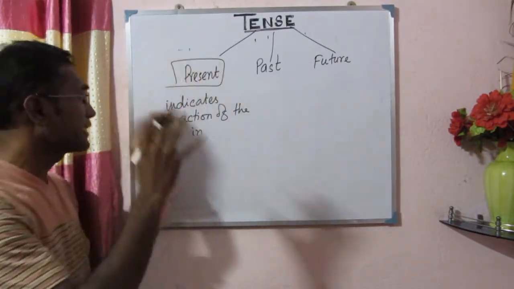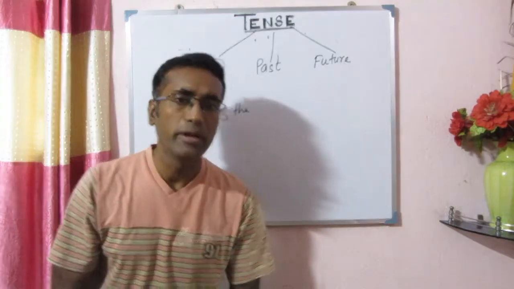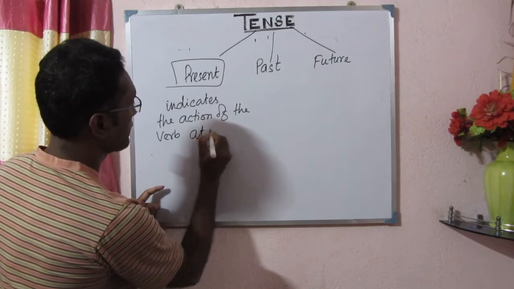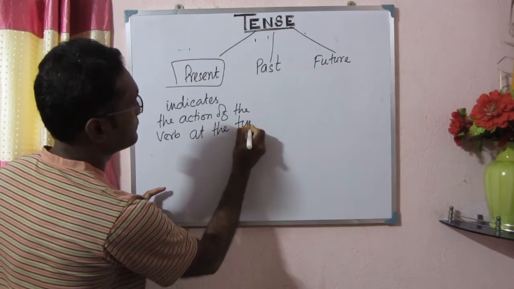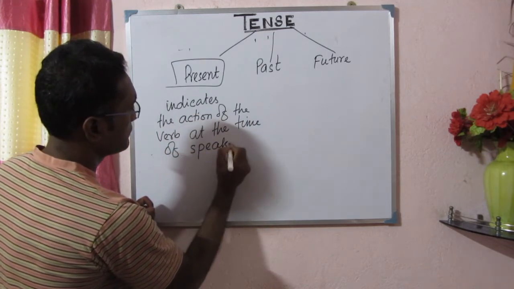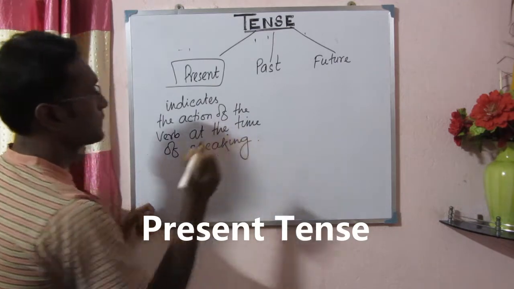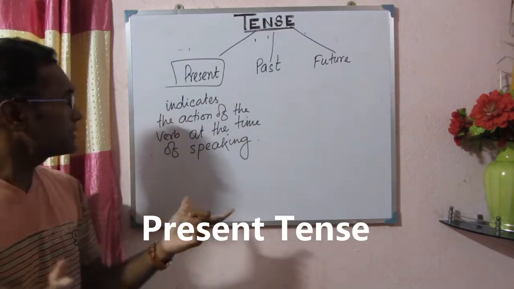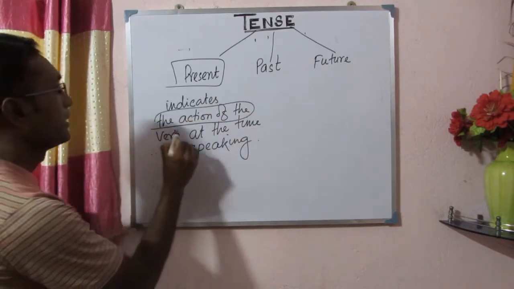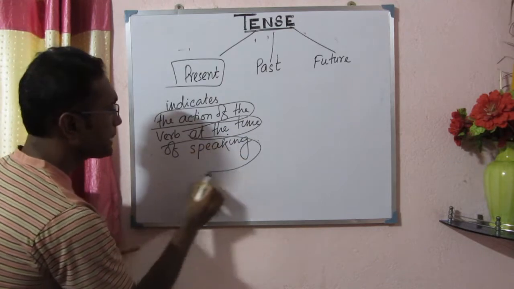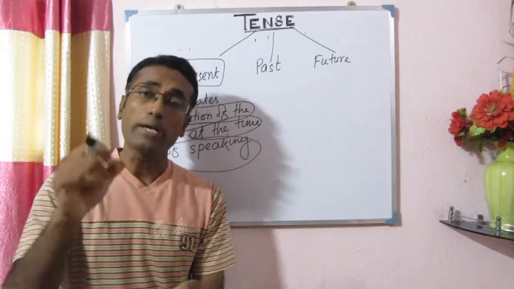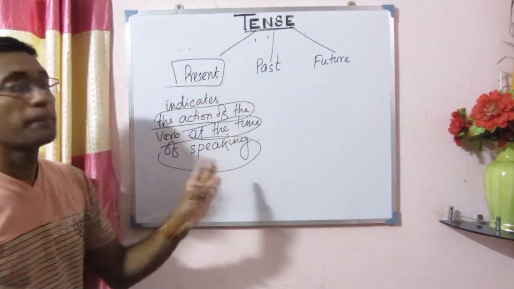The present tense indicates the action of the verb at the time of speaking. When we are speaking to others, at that time what your verb's action is, this is your present tense.